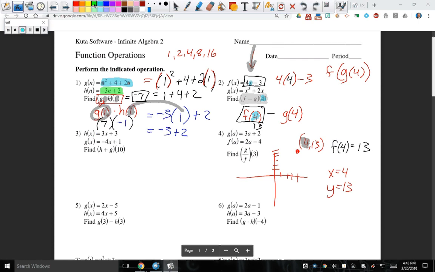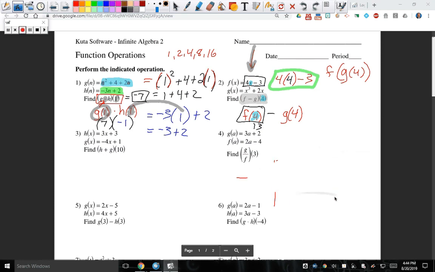And we will get an answer of 13. Just like the way I graphed it, like (4, 13), like you did in Algebra 1, we're going to get an answer of 13 here. And that's what I got when I used the function and plugged in that value of 4. So please understand the concept of what we're doing so that the work becomes a lot easier.